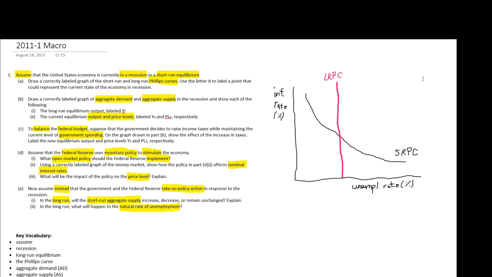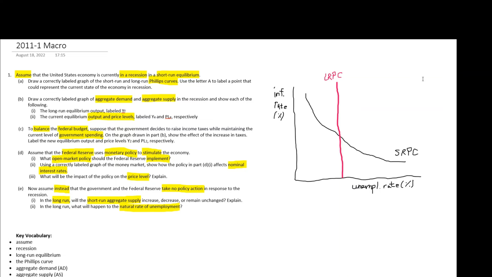And we're going to be putting the letter A to label a point that shows the current state of the economy in recession. So this is testing your knowledge of what the situation is like in the economy when you have a recession. When you have a recession, you're going to have higher than the natural rate of unemployment because of cyclical unemployment. So that means your unemployment rate is going to be to the right of the LRPC.